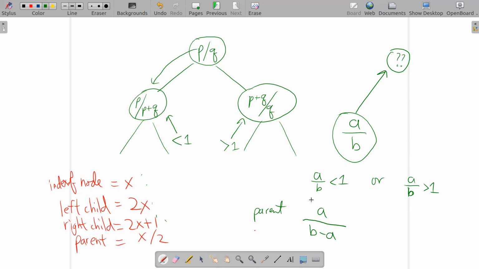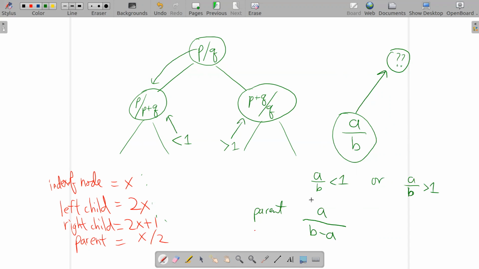You need to subtract the numerator to get back the original. Does that make sense? Yes. And you can always do this without getting into trouble, because if a over b is less than 1, that means a is less than b, so b minus a is not going to give you a negative number or something strange like that.